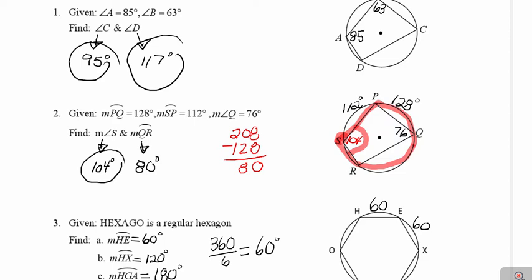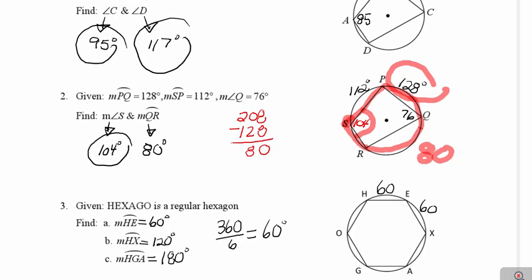So double that angle measure is 208 degrees. And since I already know that arc PR is 128 degrees, I did 208 minus 128 to get whatever was left over, which ended up being 80 degrees. So that's how I got my answer for the measure of arc QR.